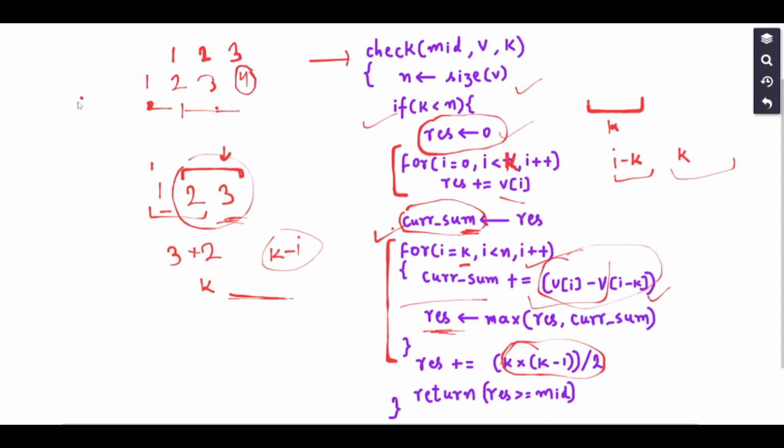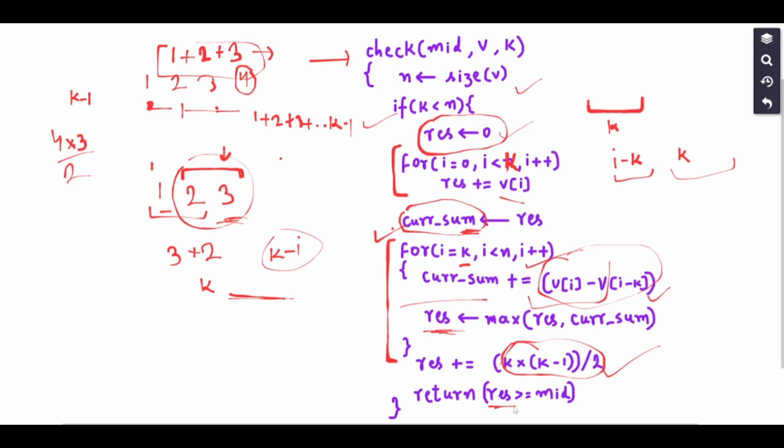That means for 4 positions, I would have k minus 1, 4 multiplied by 3 divided by 2 extra mushrooms, because 1 plus 2 plus 3 is the same as writing 1 plus 2 plus 3 and so on for k minus 1 positions, and the sum for that is nothing but k minus 1 multiplied by k divided by 2, which I am adding here.